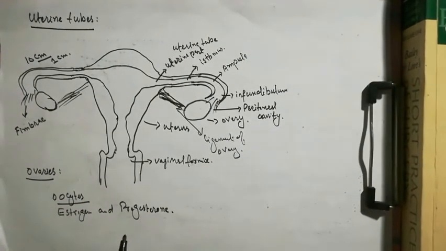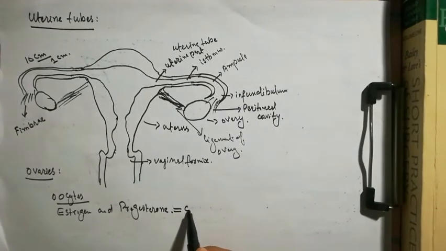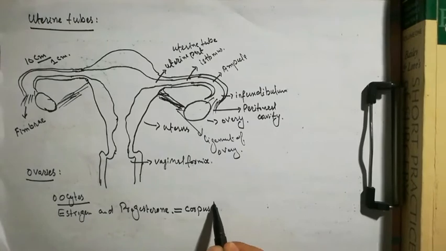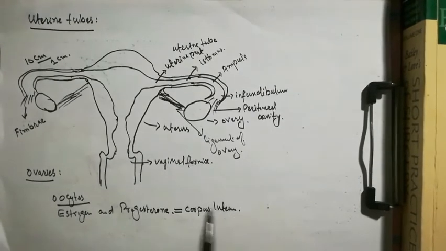These hormones are secreted by corpus luteum. Corpus luteum is part of Graafian follicle remained in ovary after ovulation. When oocyte is ovulated from ovary, the empty Graafian follicle grows and is named corpus luteum. This corpus luteum secretes estrogen and progesterone. As compared to estrogen, progesterone is secreted in higher amount.